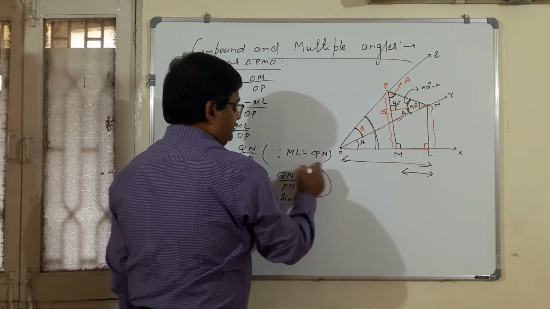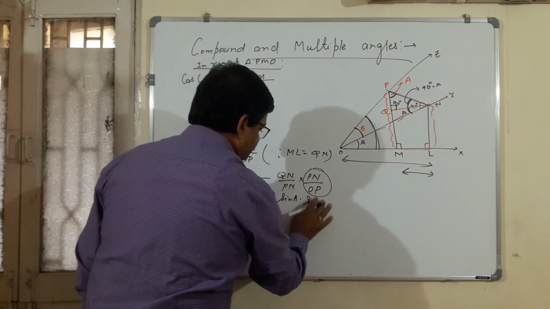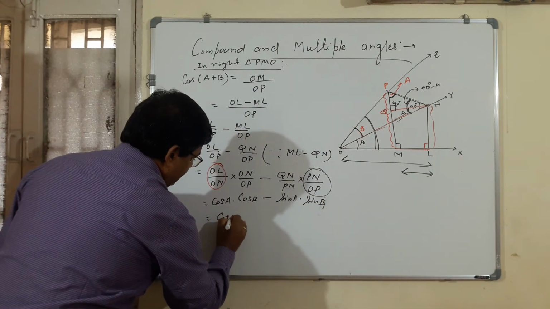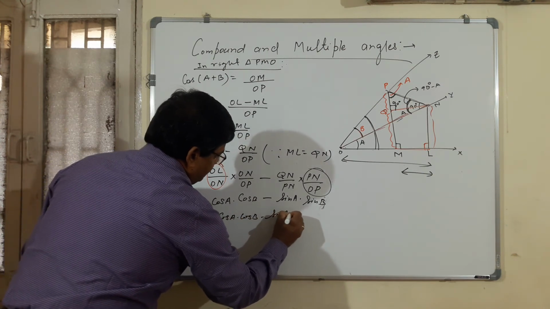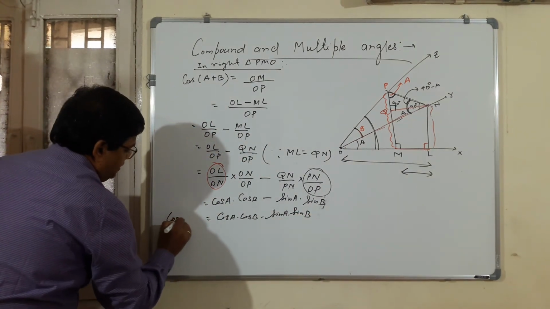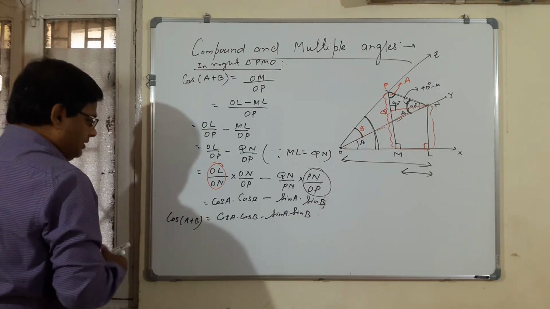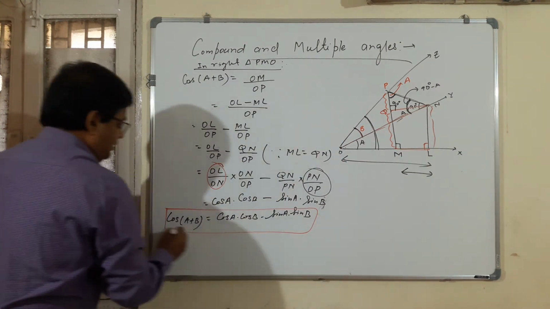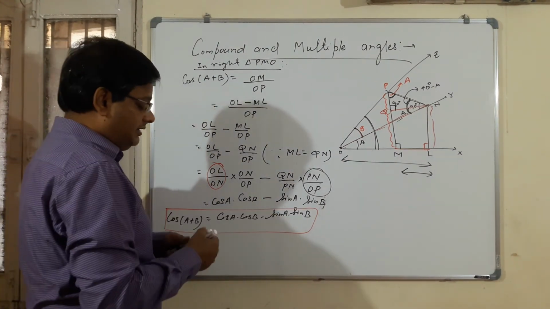So this one is equal to sin B. So it means cos A into cos B minus sin A into sin B. This is the cos A plus B formula. The formula of cos A plus B is cos A into cos B minus sin A into sin B.